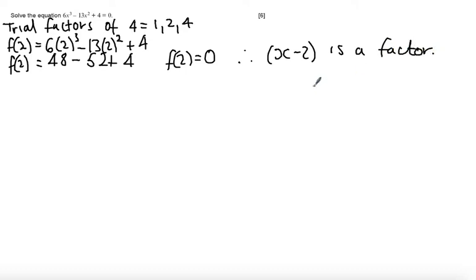Okay, knowing that x minus 2 is a factor, what I can now do is factorize my cubic equation. When I factorize a cubic equation, if I've got a linear factor, it must multiply some sort of quadratic ax squared plus bx plus c, where a, b and c are constants to be found.